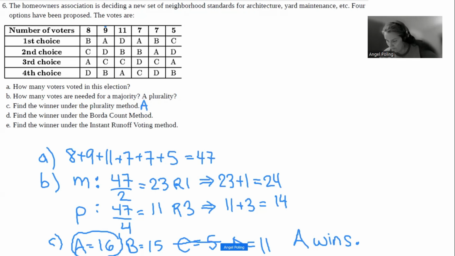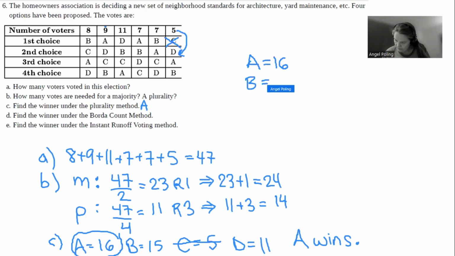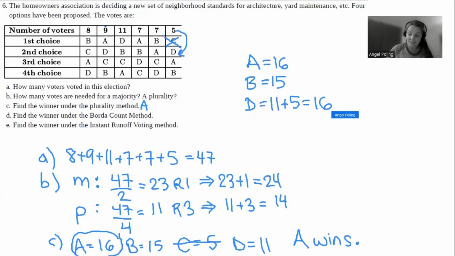C being out means that these 5 votes would go to D. So if we do that, then we have A at 16 from part C, B at 15, and then D goes from 11 to 16 in and of itself.